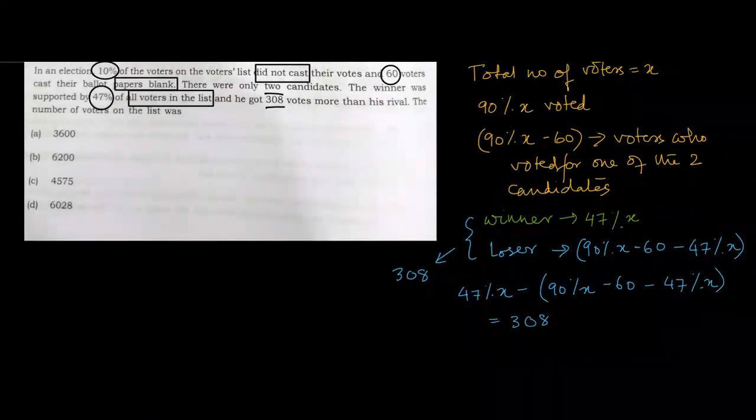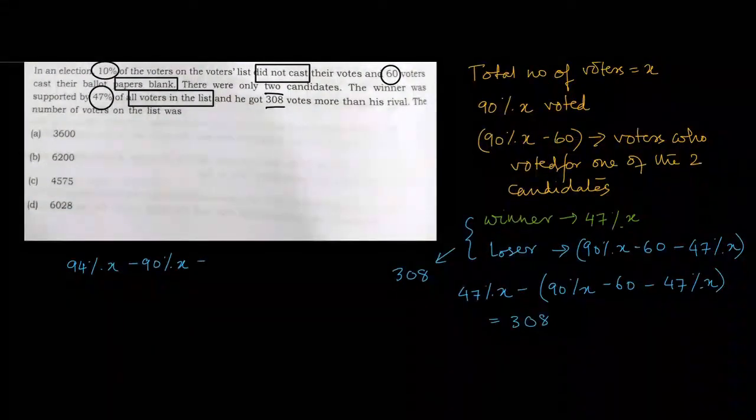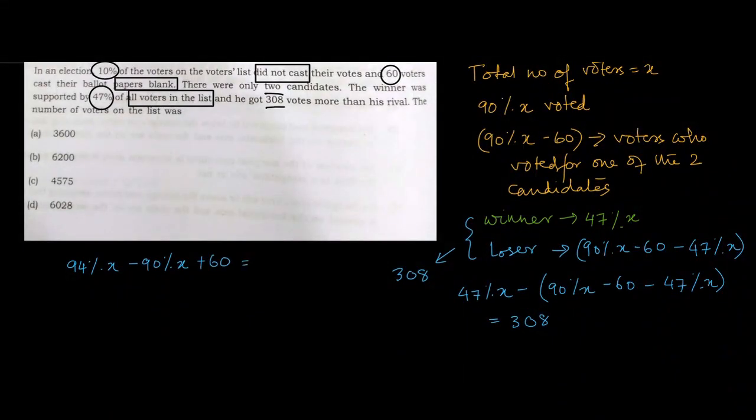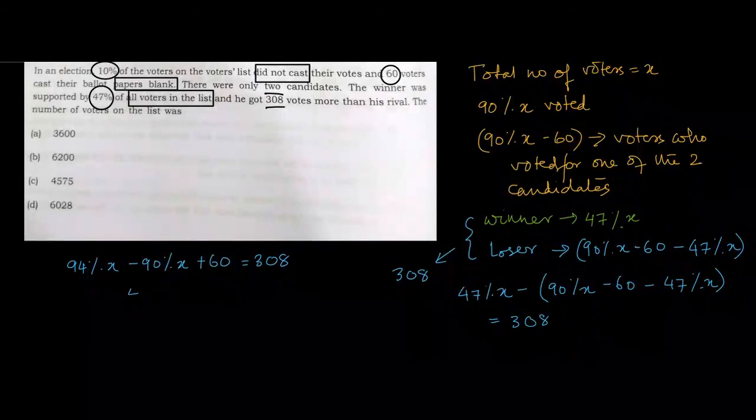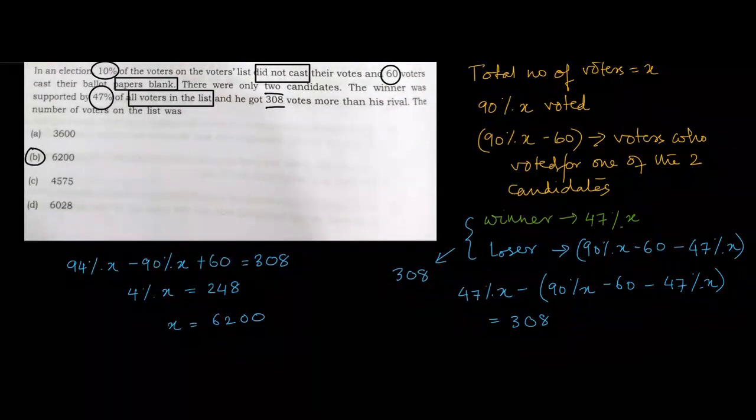So simplifying, we get 94% x minus 90% x plus 60 is equal to 308, or 4% x is equal to 308 minus 60, which is 248. So therefore x is equal to 6200. So option B is the correct choice.